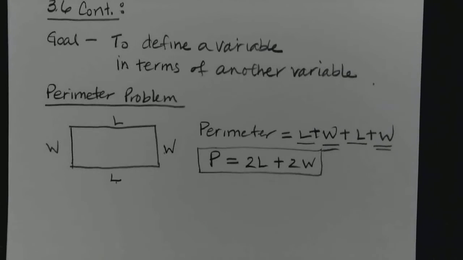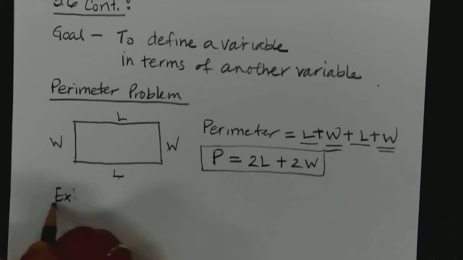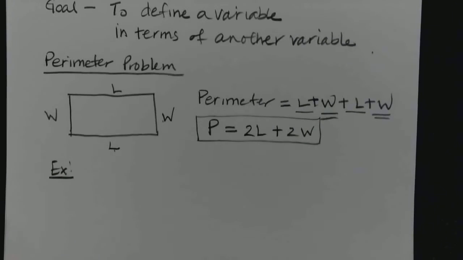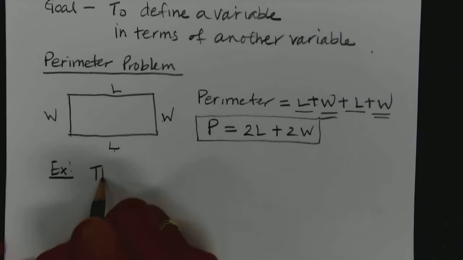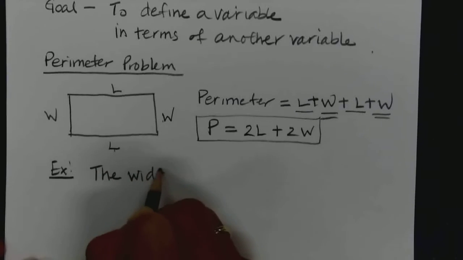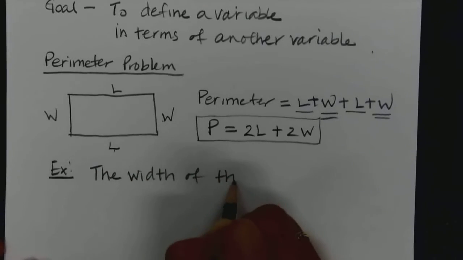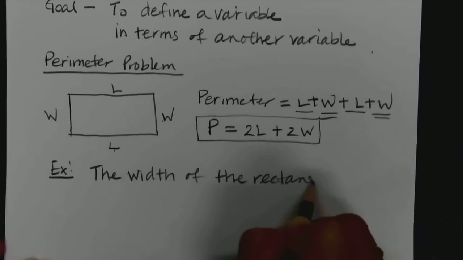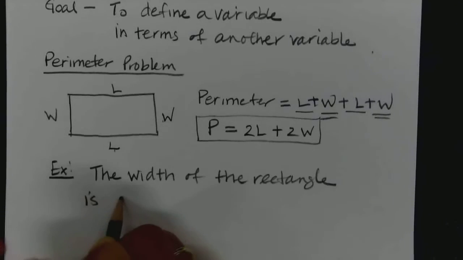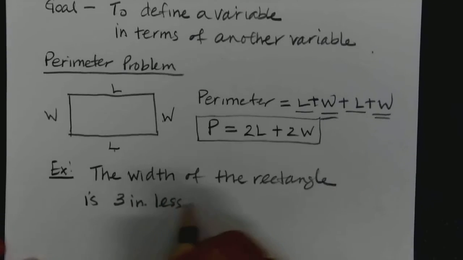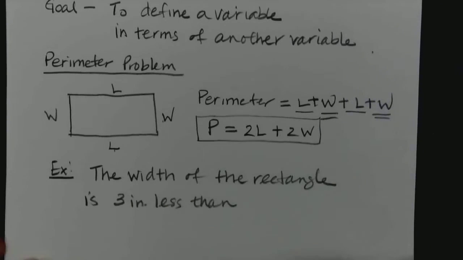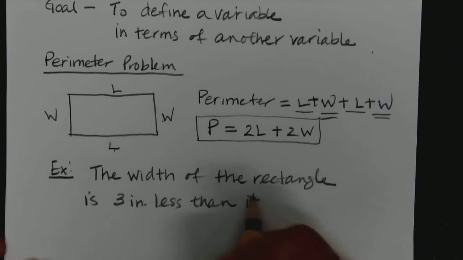So let's start with an example. All right, so here's an example. The width of the rectangle is 3 inches less than its length.